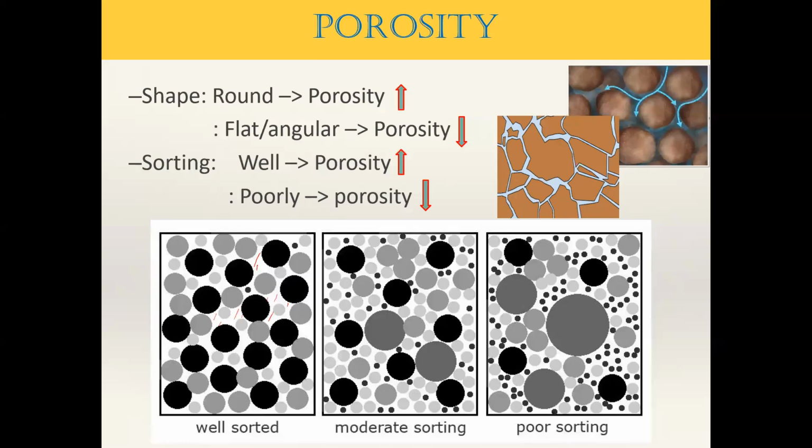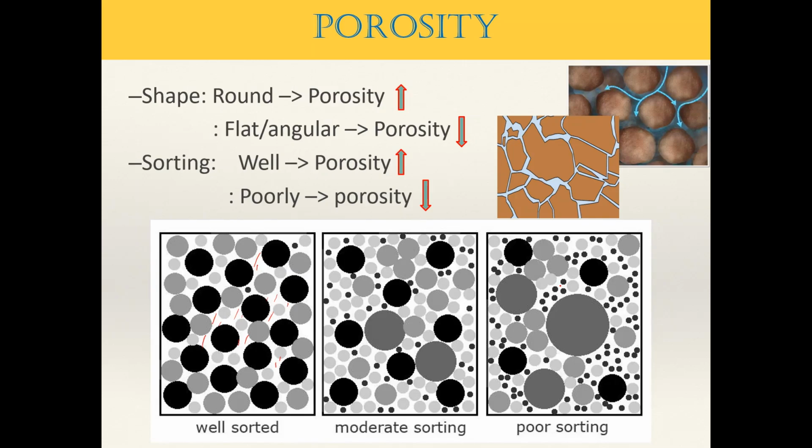Then the sorting, whether it is well sorted or poorly sorted. Well sorted means approximately the same size, so there is a lot of space between them. Poorly sorted means a case like this. Think about this. You have a gravel sample and also a silt or sand sample. If you take them separately, the hydraulic conductivity of the gravel is higher than that of the silt.